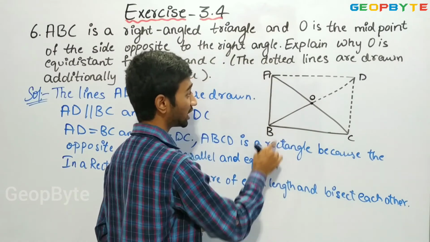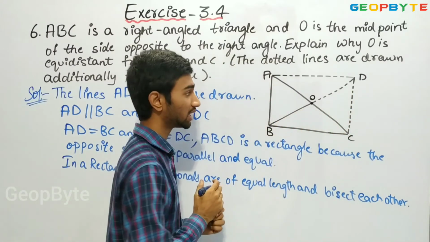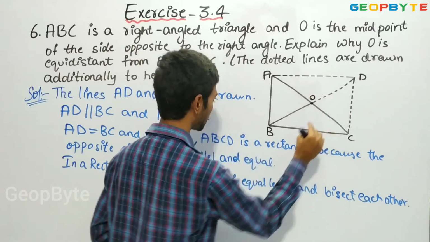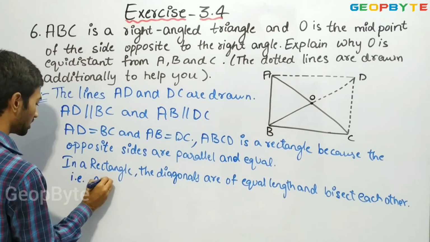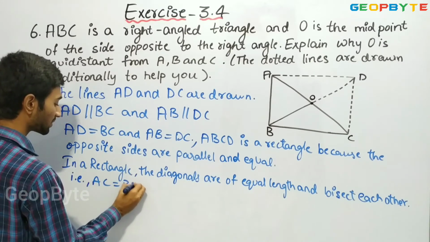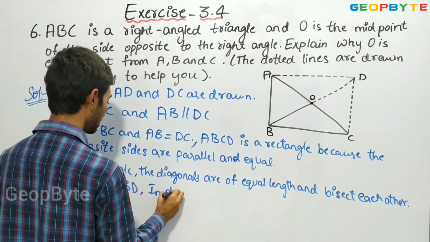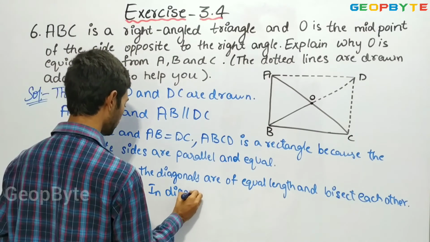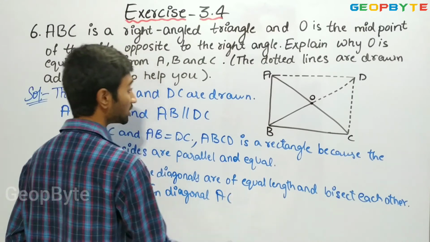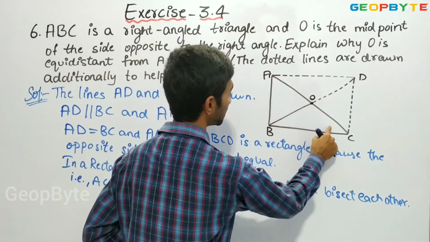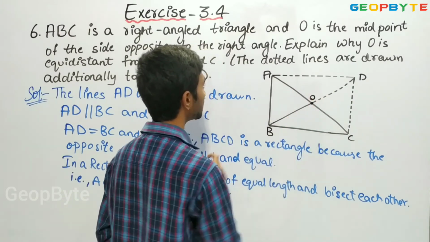So in this rectangle AC is one diagonal and BD is also a diagonal. So these two diagonals are equal, that is AC is equal to BD. And in diagonal AC, we know that O is the midpoint.